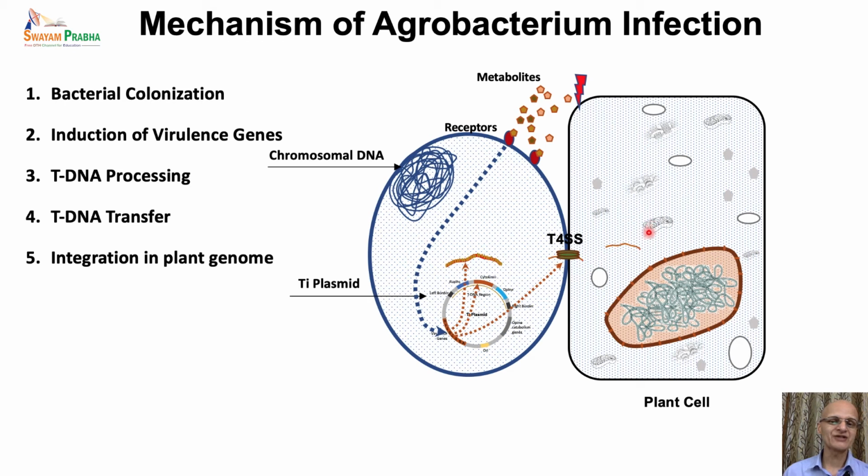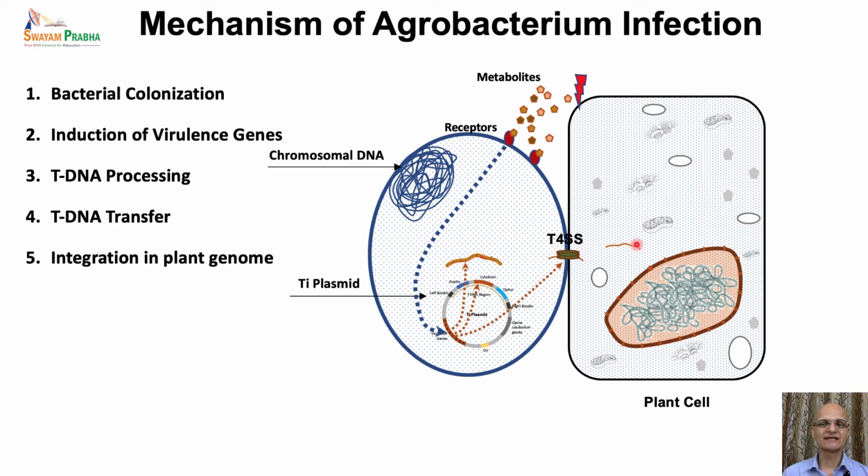Now, in addition to the role of packaging, these proteins which coat the single-stranded tDNA have an additional function, and that is targeting of the DNA to the plant nucleus. They have nuclear localization signals on them, and it directs the tDNA towards the nucleus.